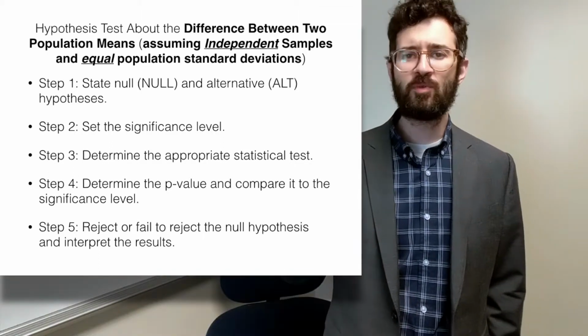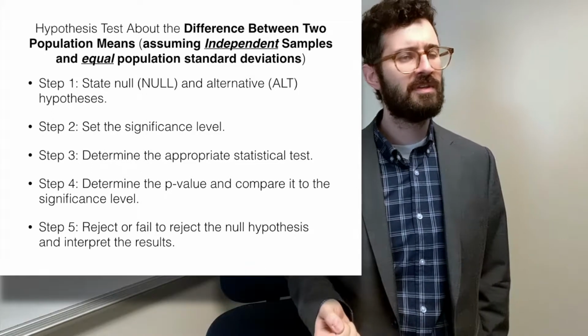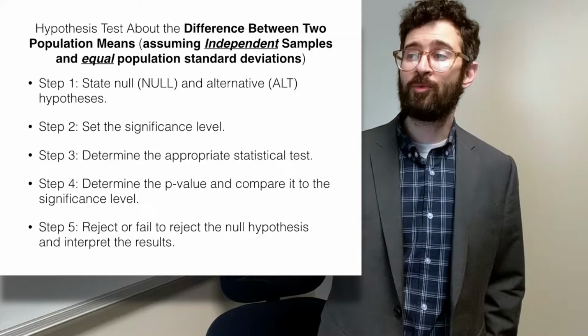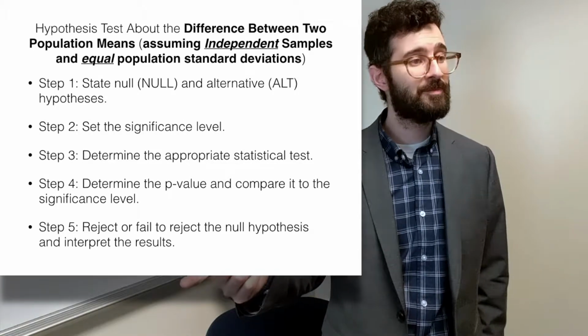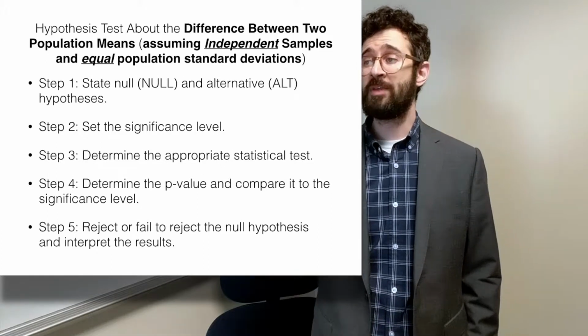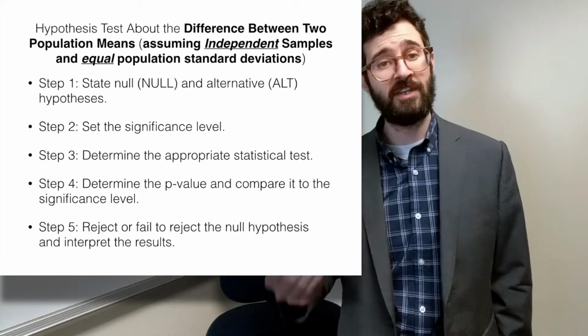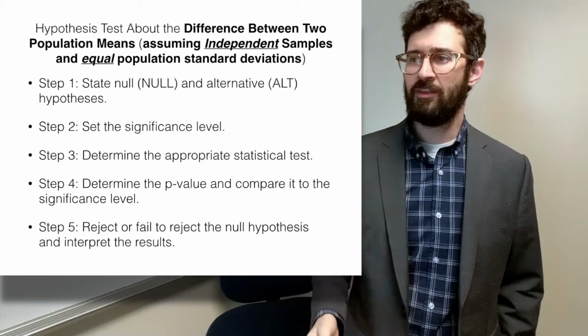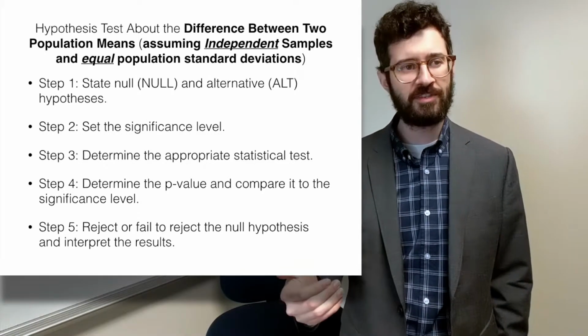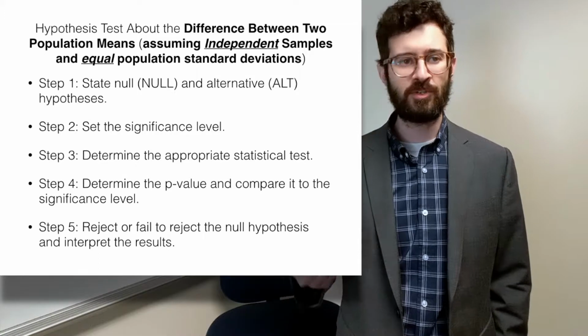Step 2, we set the significance level. Step 3, we determine the appropriate statistical test. Step 4, we then determine our p-value and compare it to our significance level. And then step 5, we reject or fail to reject the null hypothesis, and then we interpret our results.